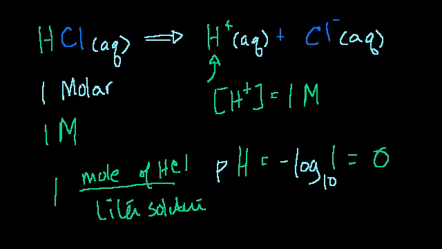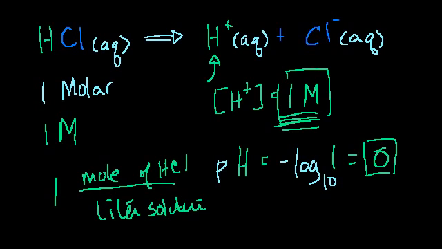So if you have 1 molar of hydrochloric acid and you throw it into an aqueous solution, I guess I'm saying you're putting it into a solution when I tell you it's 1 molar. So if you have a concentration of 1 mole per liter of solution, where the solvent is water, you will end up with a pH of 0.